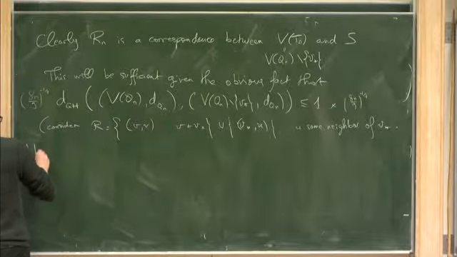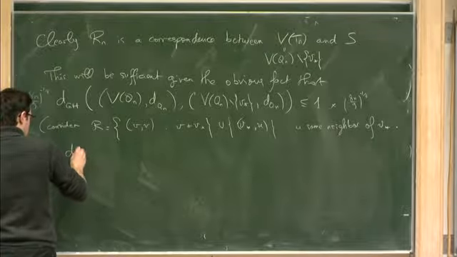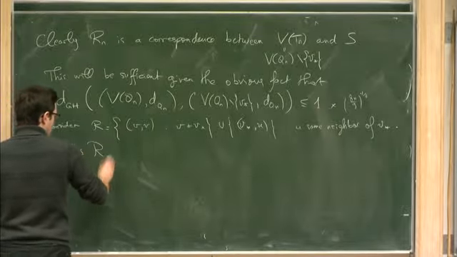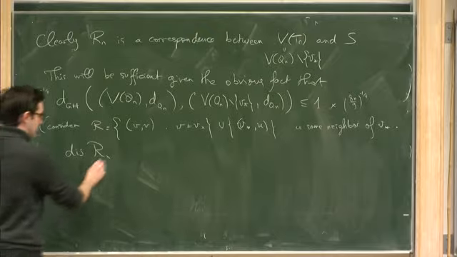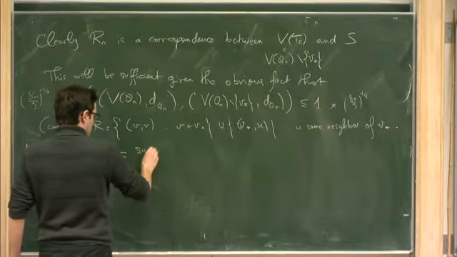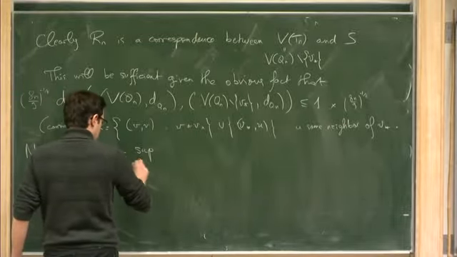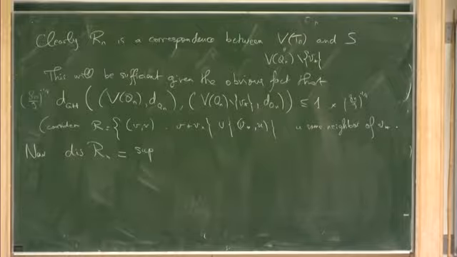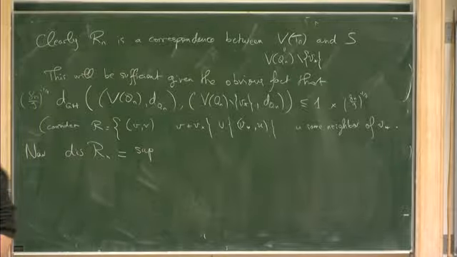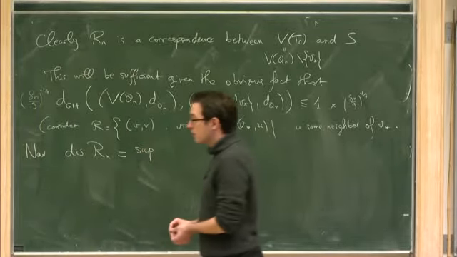And now we have that the distortion of Rn, so let's recall what it is. It's the supremum over all pairs of points that are in correspondence. So here points in correspondence are just parametrized by a single time t.